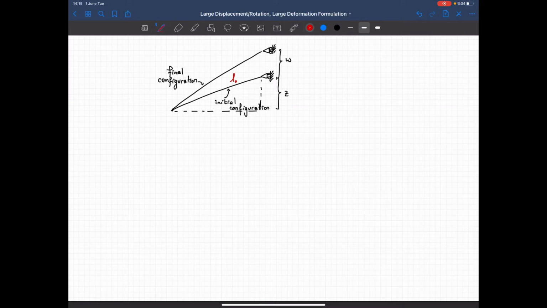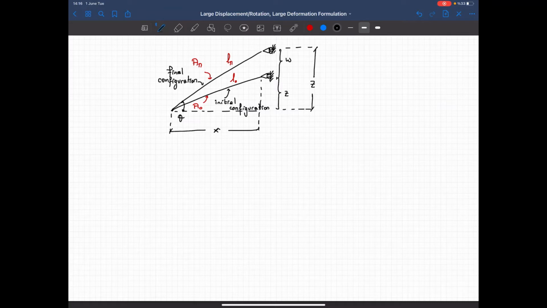So length is L0 and the area of this truss is A0. As it deformed, length becomes Ln and the area becomes An. That's the rotation theta. Let's say that this displacement is equal to x and this distance is equal to z.